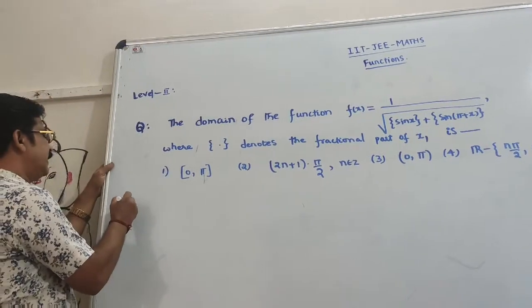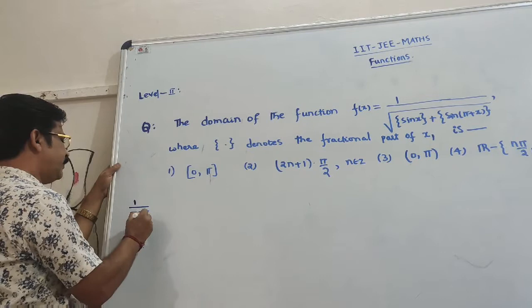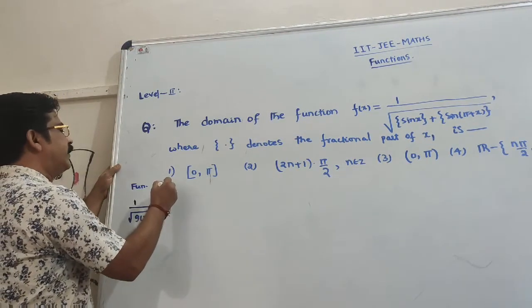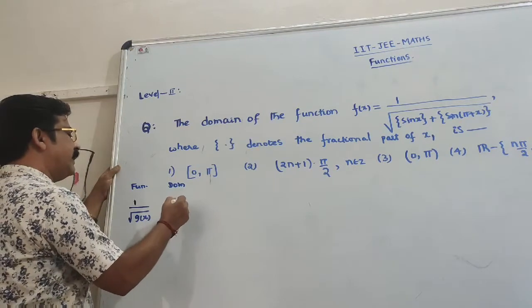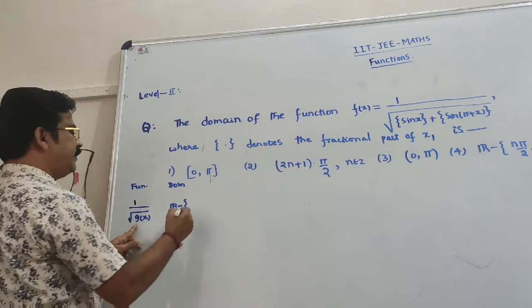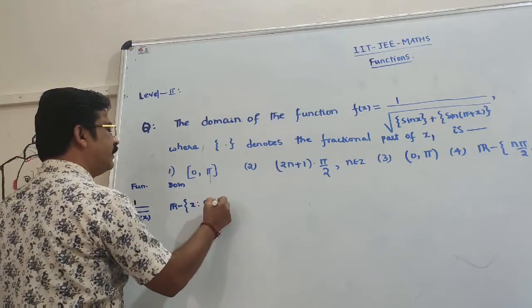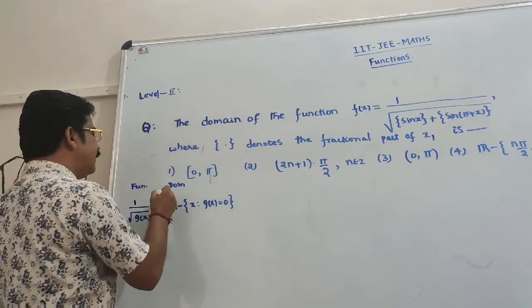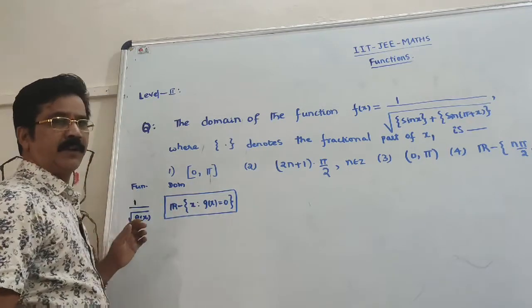Number 1: if the given function is of the form 1 divided by square root of g of x, it is a function of this type. Next, what is its domain? The domain formula is capital R minus the set of values of x so that g of x is equal to 0.